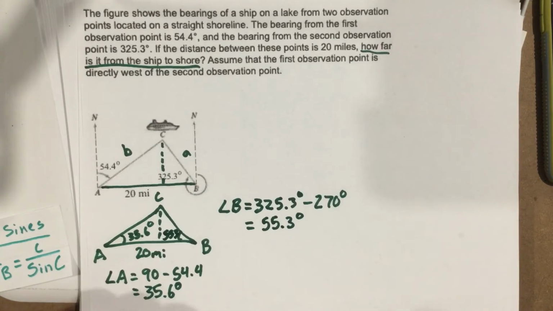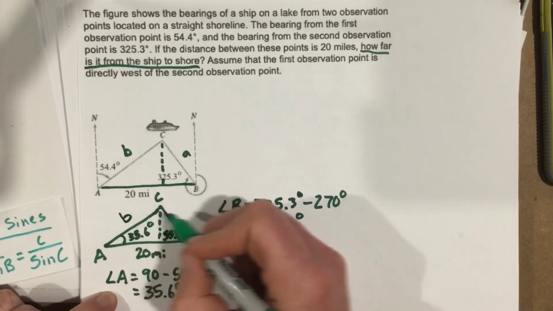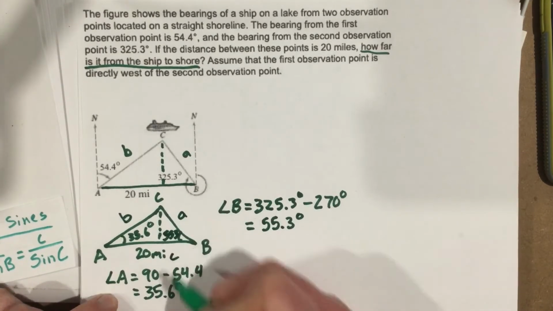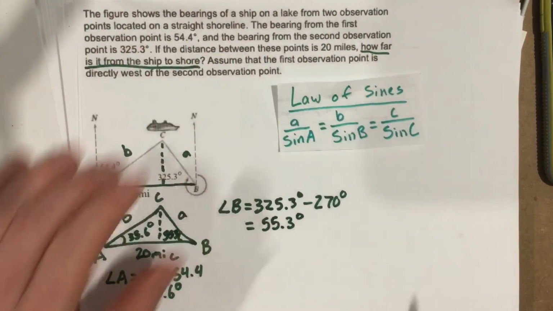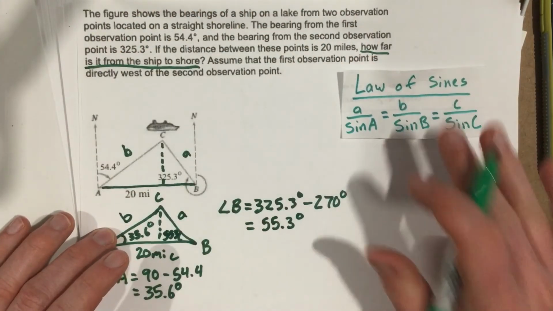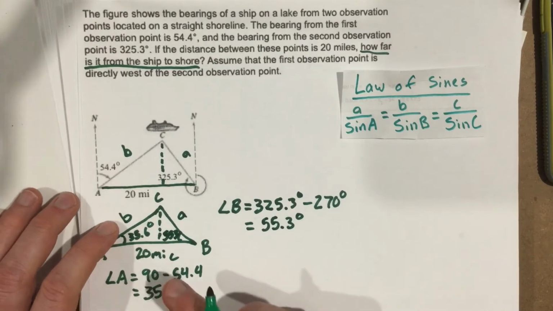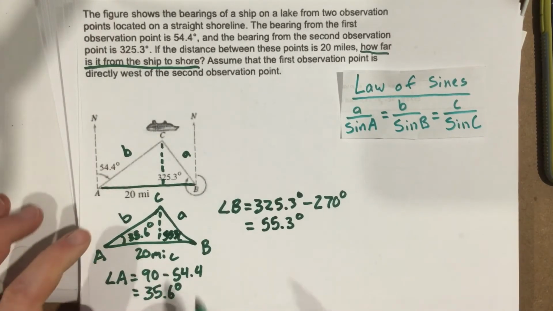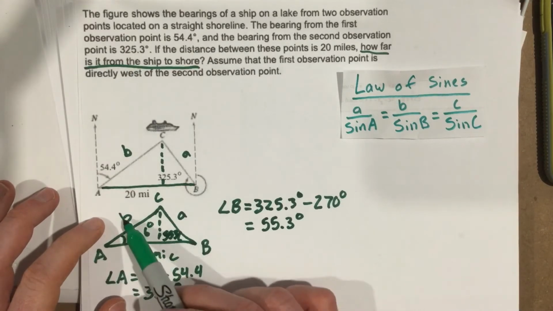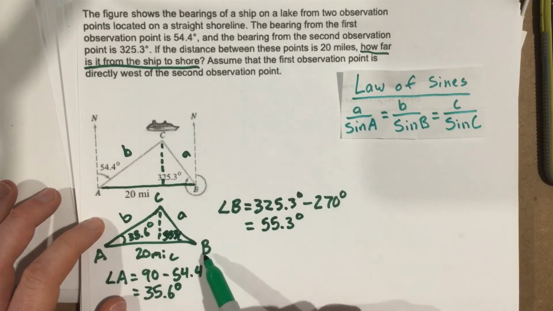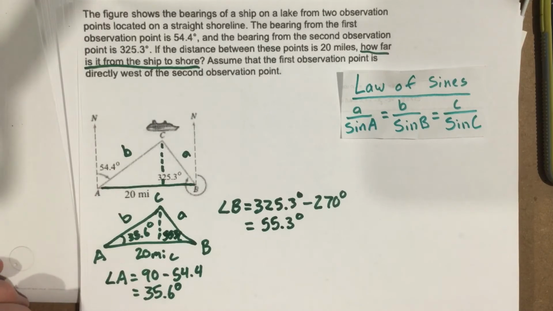Okay. I need to find either B or A, and they give me C. I come to my law of sines. Put that out to the side. I'm going to try to find B, so I'll use B and sine B. Well, really, before I start that, I need to find angle C as well, don't I?